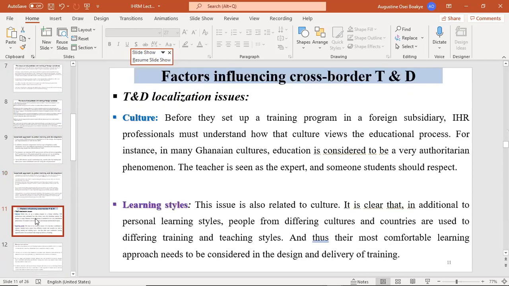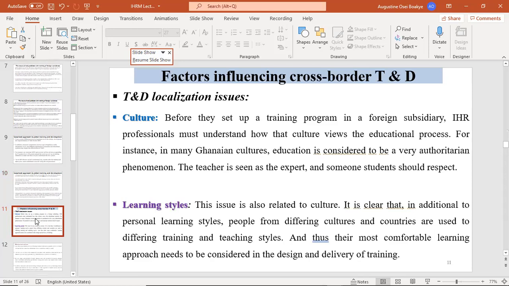So now we're also going to look at some of the factors that influence cross-border training and development. And by this, we are referring to things that need to be considered if you want to conduct any cross-cultural or cross-border training and development intervention.